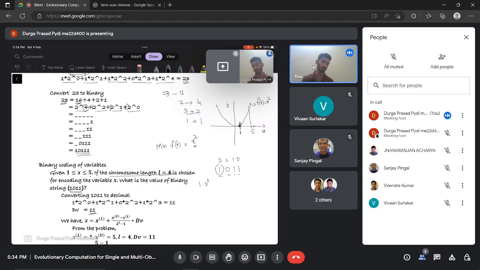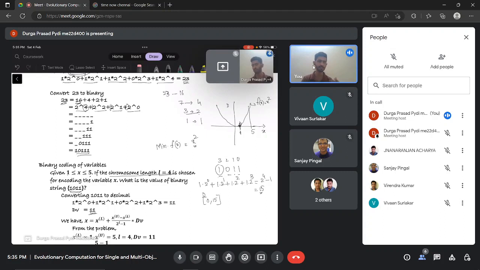So 1 into 2 power 0 plus 1 into 2 power 1 plus 1 into 2 square plus 1 into 2 cube. This is essentially 2 power 4 minus 1, so that is 15. So the maximum value a binary string of length 4 can take is 15 and the minimum value it can take is 0. So if you are using a chromosomal length of 4, you can essentially take values between 0 and 15.